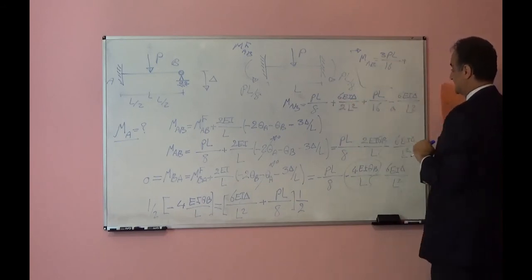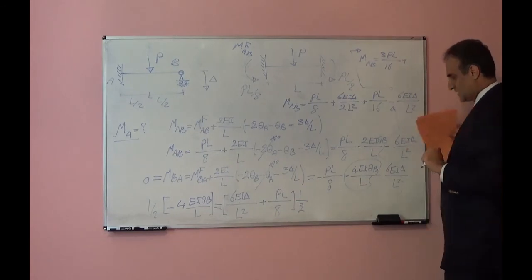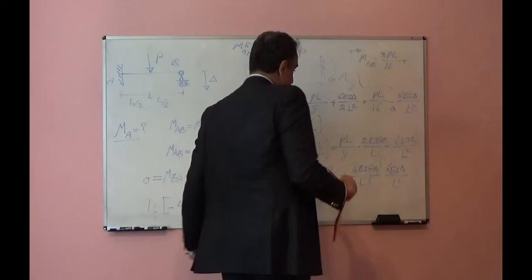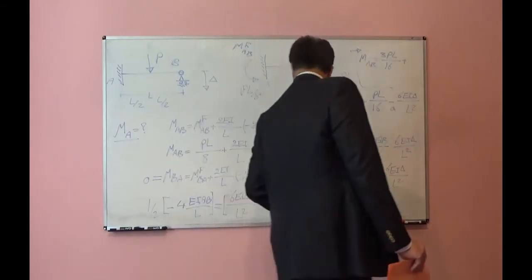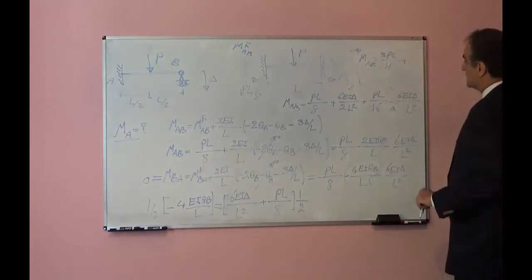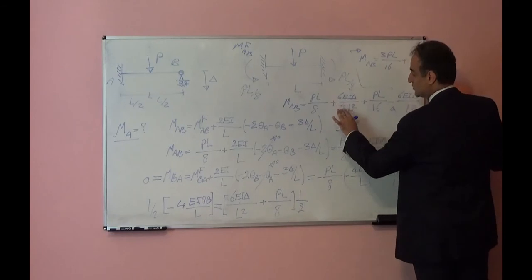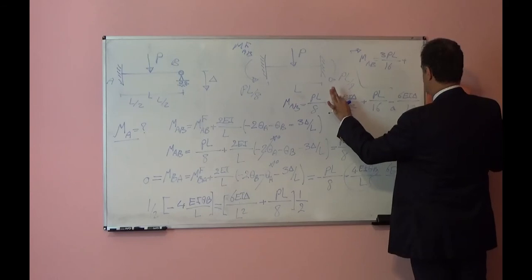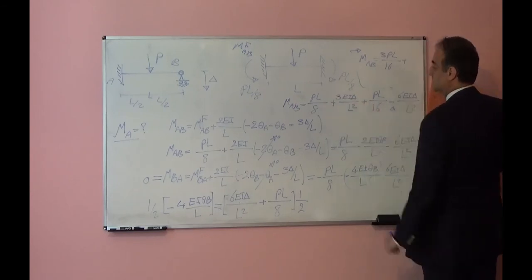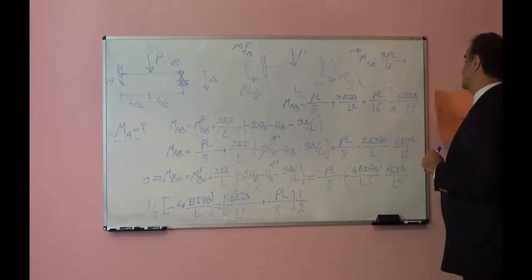This minus this will be, let's see, everything is right or we have a mistake over there, let's see. This will be 6 over 2, so this will be 3EI delta over L squared minus 6EI.